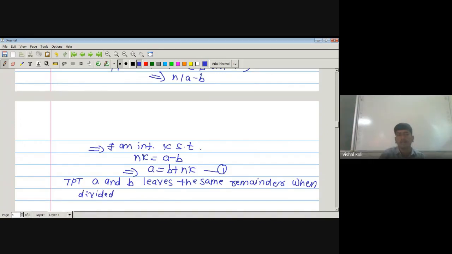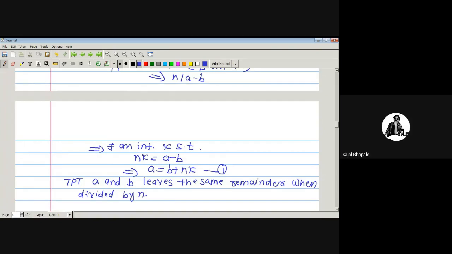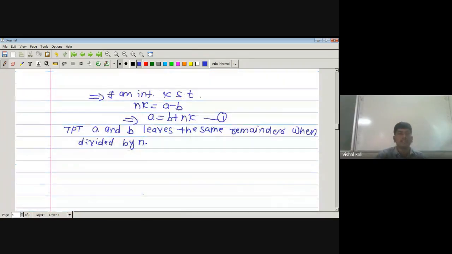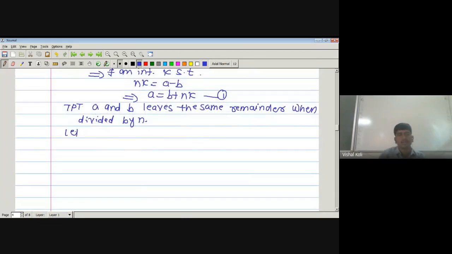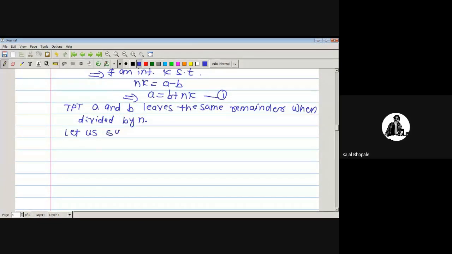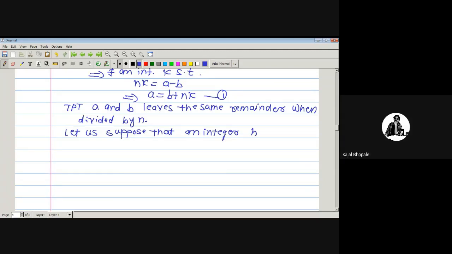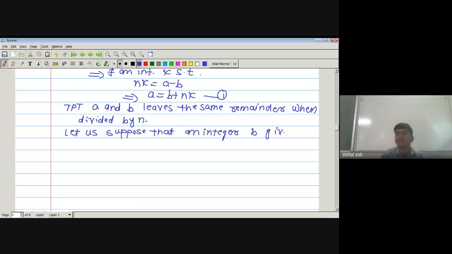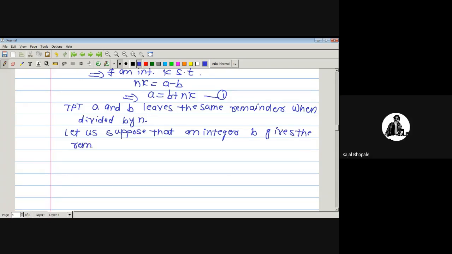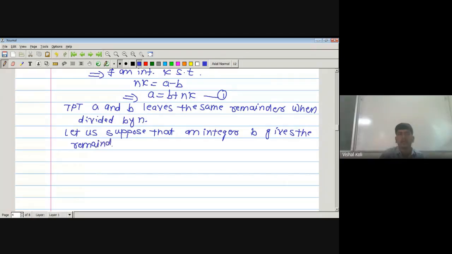Okay, divided by n. Let us suppose that an integer b gives the remainder r when divided by n.